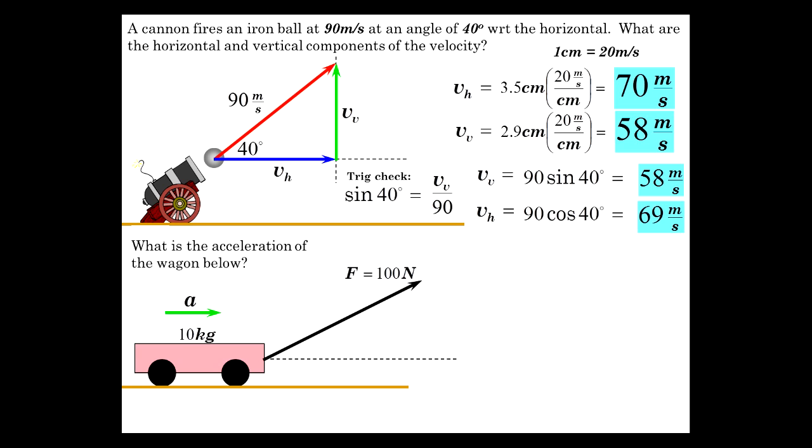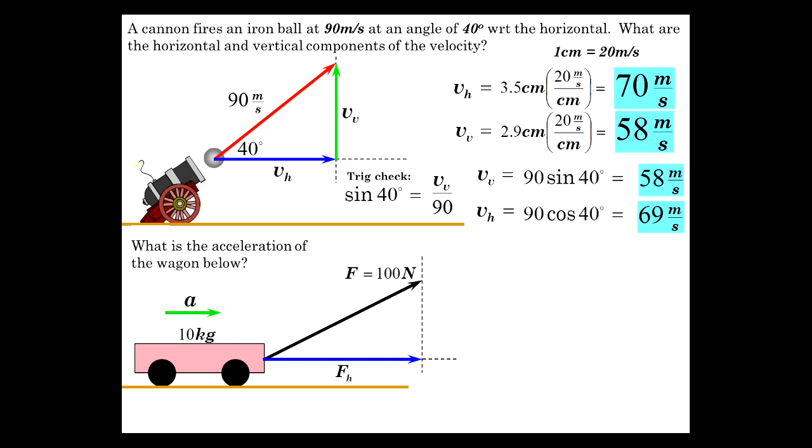Well, it actually does, because not all of this force is used in accelerating the cart. In fact, you may be able to recognize that it's the horizontal force that causes it to accelerate. Remember, the net force and the acceleration are in the same direction. So if this is the acceleration direction, it's also the net force direction, and the net force is the horizontal.